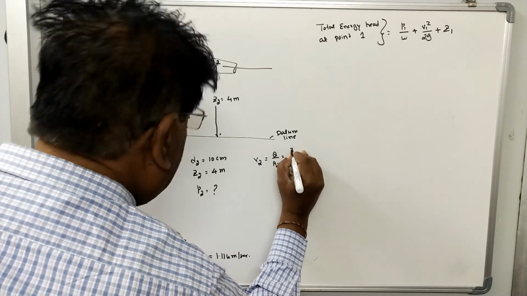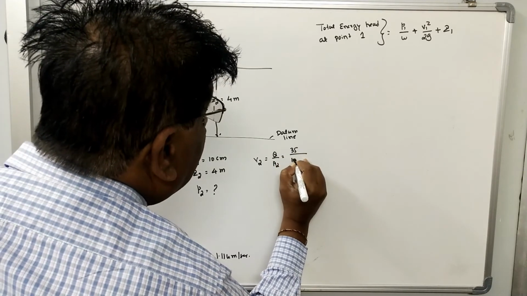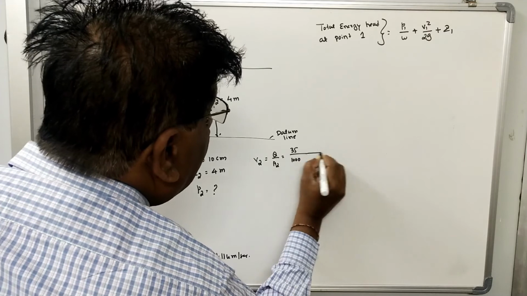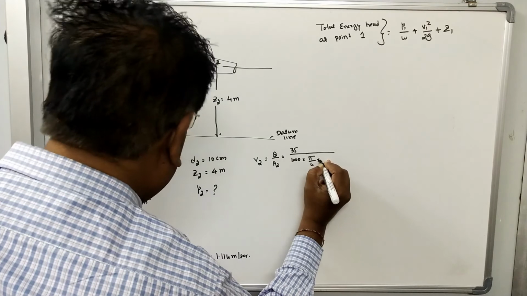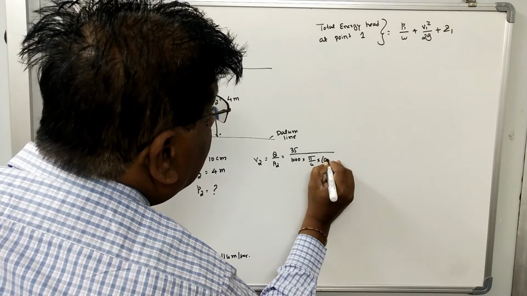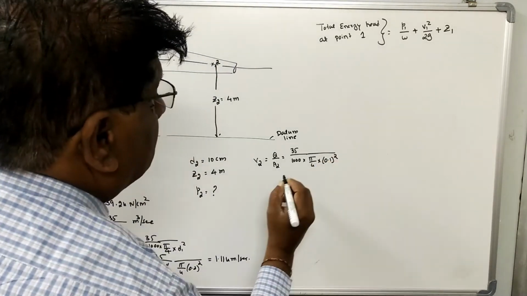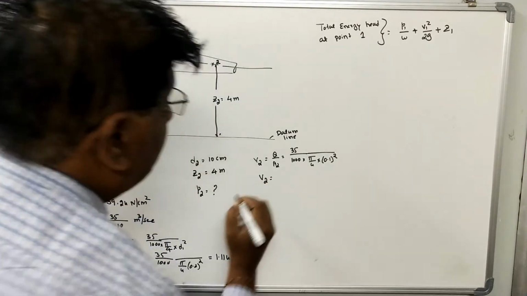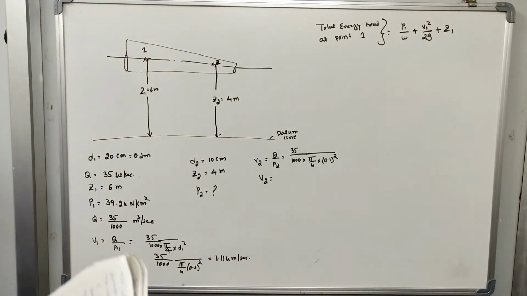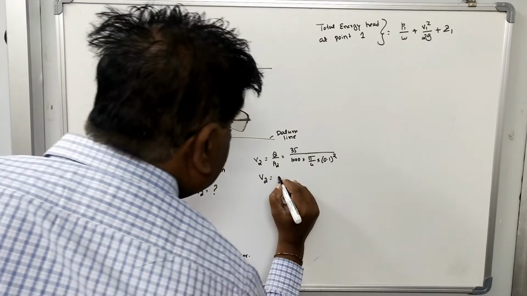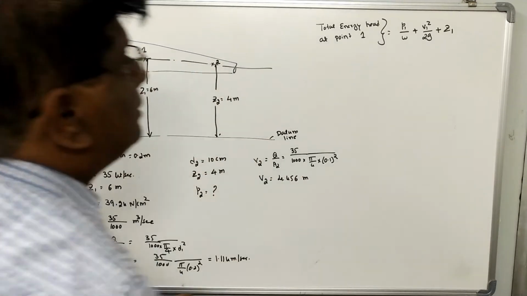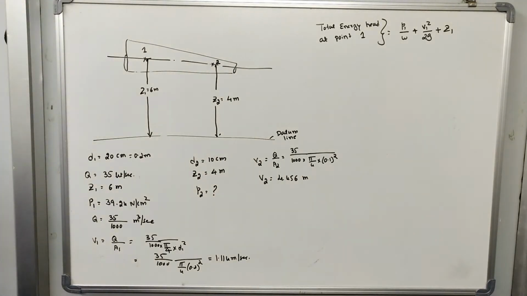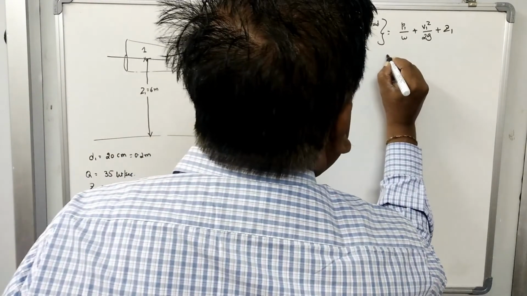Q is 35 divided by 1000, that is meter cube per second, divided by pi by 4 D2 square, where 10 centimeter means 0.1 meter. So V2 is equal to 4.456.